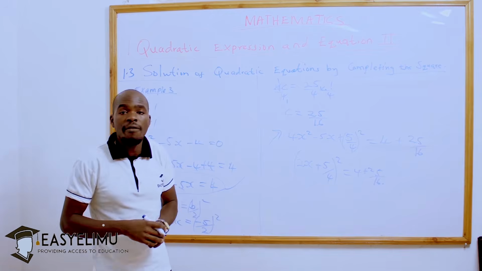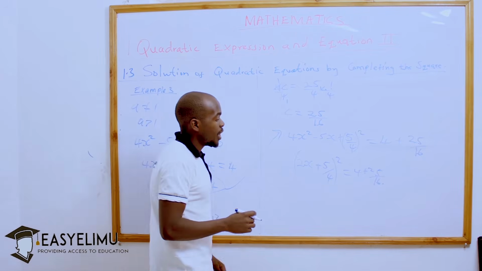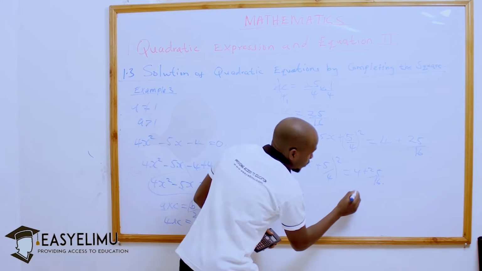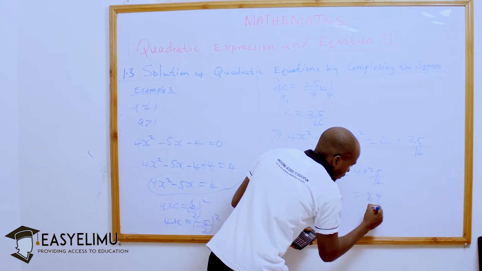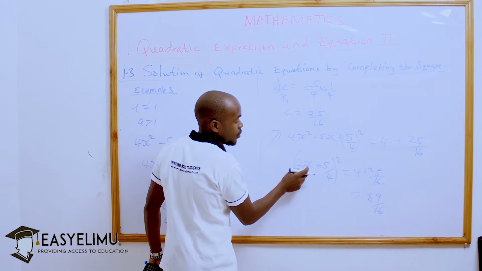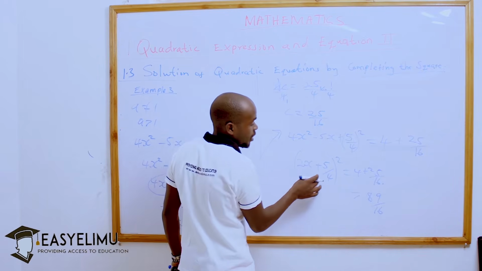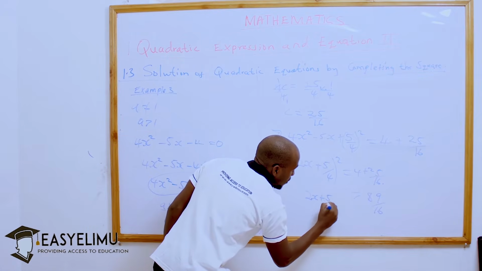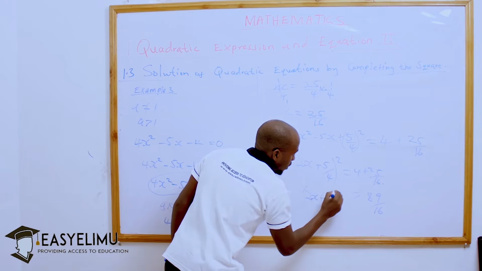If we need the value of x, we have to work this out first. The right hand side is going to give us 89 over 16. And on the left, we have 2x plus 5 over 4 squared.